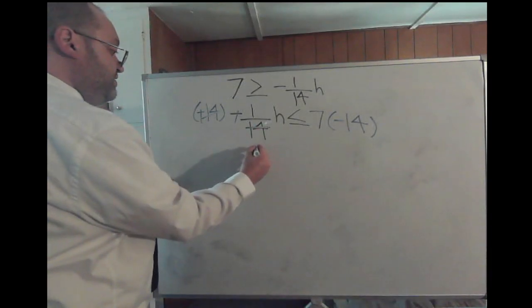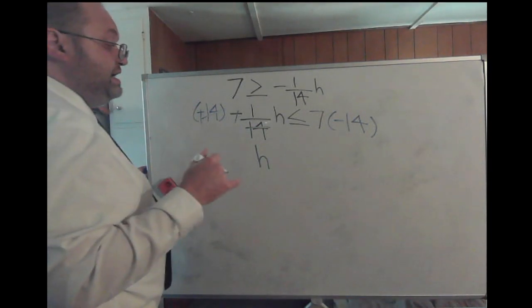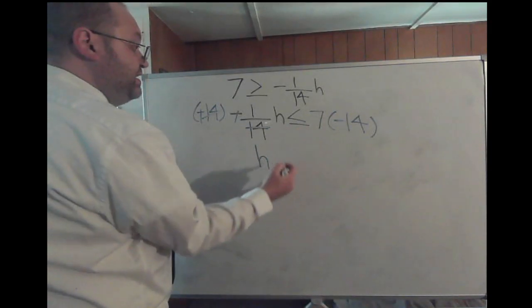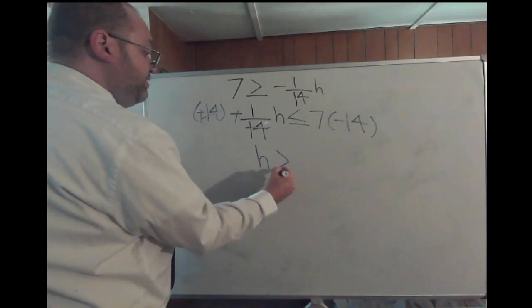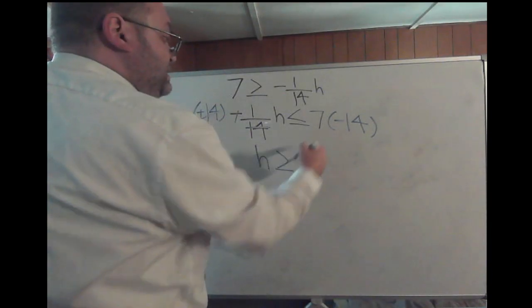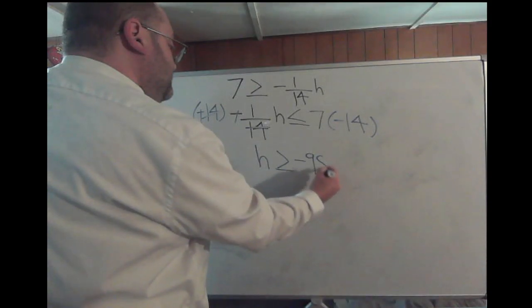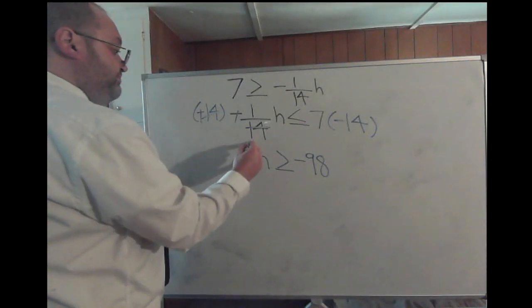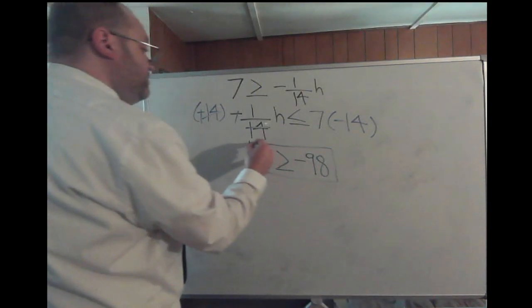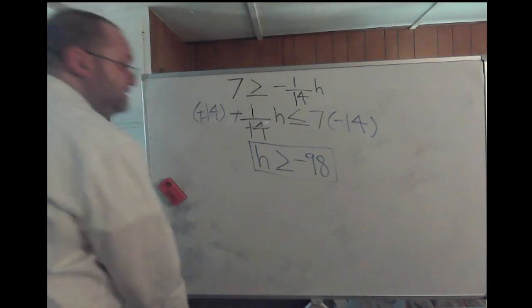On the left side, you're just left with h, but you've multiplied by a negative number. It's going to flip that less than or equal to sign to a greater than or equal to sign. So negative 14 times 7, that would be negative 98. So h is greater than or equal to negative 98. That's the answer you would get.